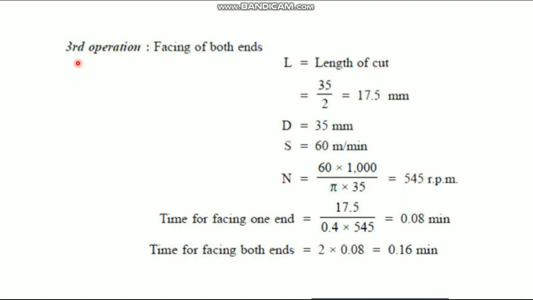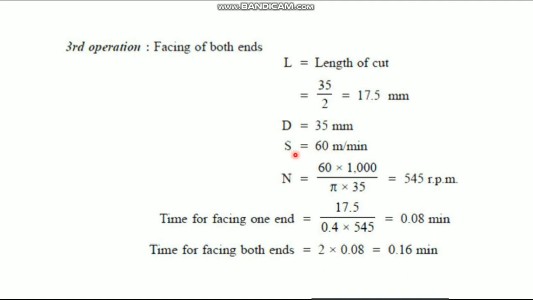Then the third operation, facing of both ends. L is equal to the diameter of the bar divided by 2. For facing, it is a lateral side machining, and the length of cut for facing is diameter by 2.